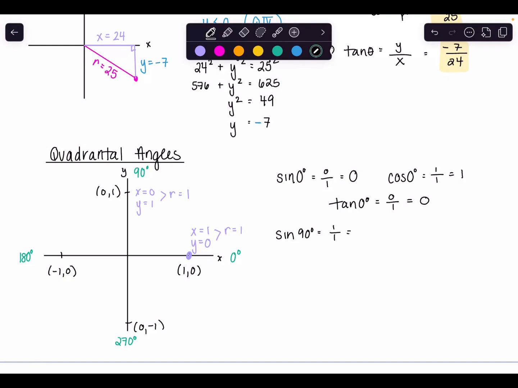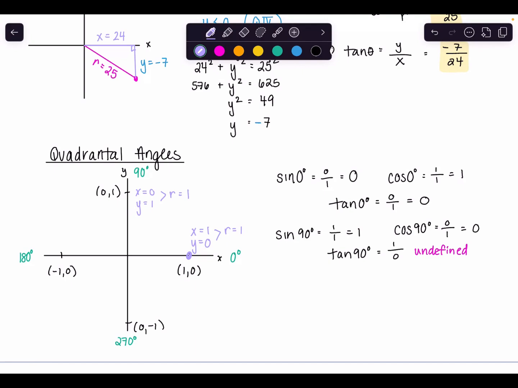So we get 1 over 1, which is 1. Cosine of 90 degrees is x over r. So that's 0 over 1 or 0. And then when we try to find tangent of 90 degrees, it's y over x. So you do run into a problem here. Tangent of 90 degrees is undefined.